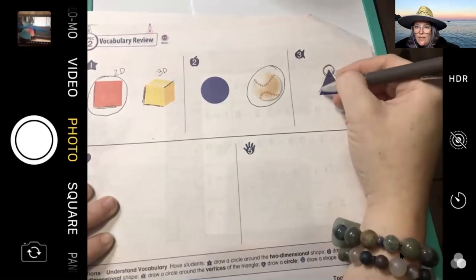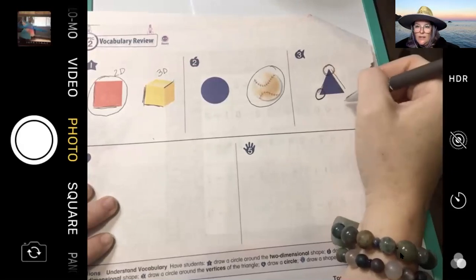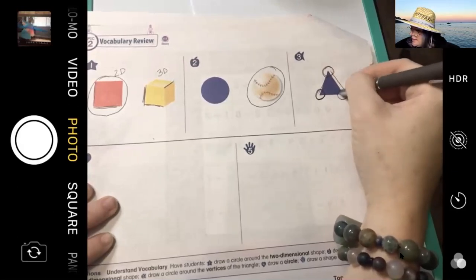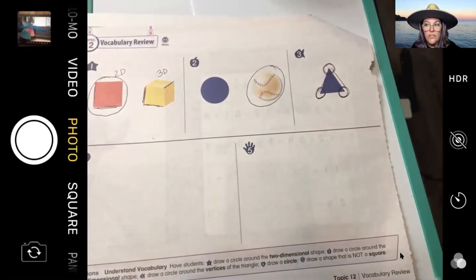Okay, so one side and another side, and they meet at the vertices. And then on this side and this side, they meet at the vertices. So how many vertices does a triangle have? 3. Yeah.